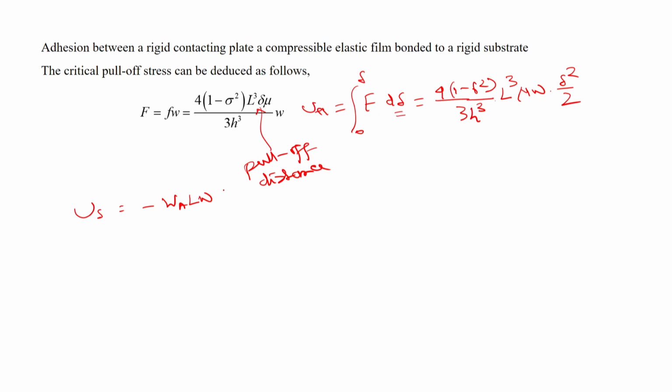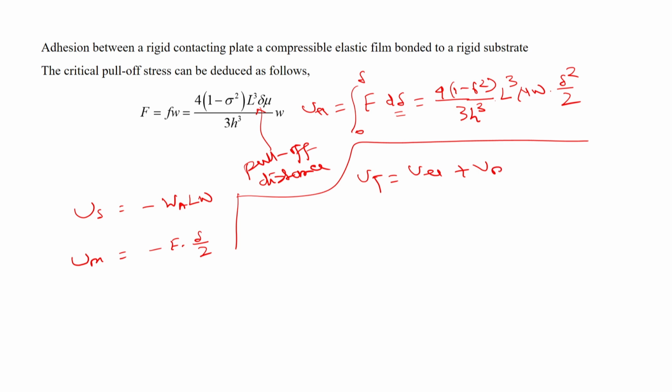And then what is the mechanical energy? Mechanical energy means that the external load has done some work, so it is actually minus F into delta by 2. So 0 to delta has been the deformation. This is the amount of energy that it has spent. So the total energy U_T is equal to U elastic plus U mechanical plus U surface energy.